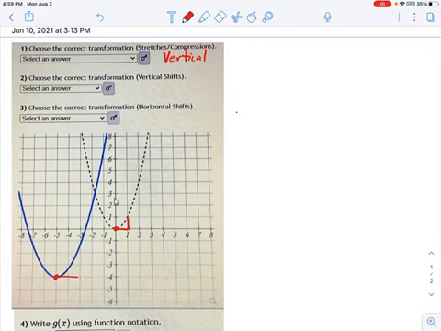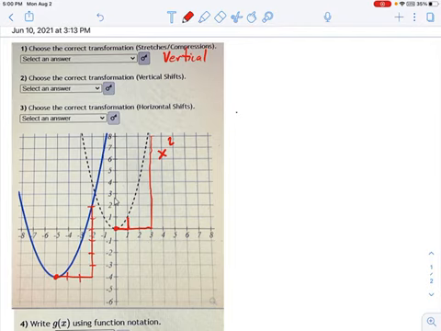All right, so let's go over to this one. This is over 3 and up a bit. So that is 1, 2, 3, 4, 5, 6. Okay, so I'm over 3, up 6. Now, here's the question. What did the original parent function do? Over 3, up how much? Well, it's off the graph, but you know this is an x squared function, right? This is the parent function.